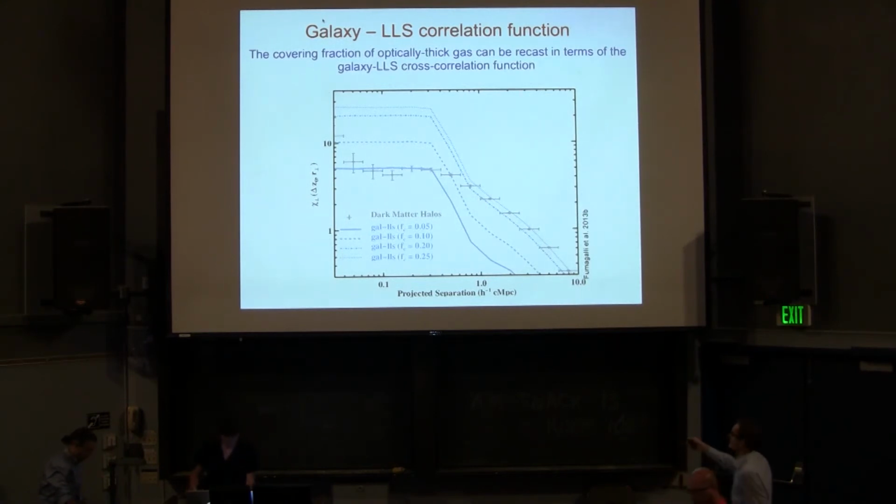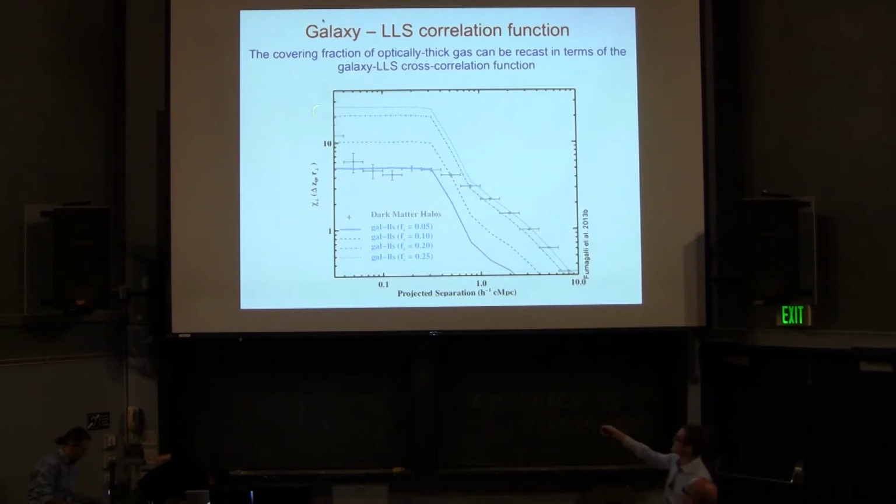You're absolutely right. When you look at this quantity, you have the 2-point correlation function out here. This is interesting, as it's going to give you information on the mass scale for the halos that host Lyman-limit systems. And the 1 halo term is kicking in here, and that's the quantity we actually want to measure, because it is going to give you information on the covering factor of optically thick gas around galaxies.